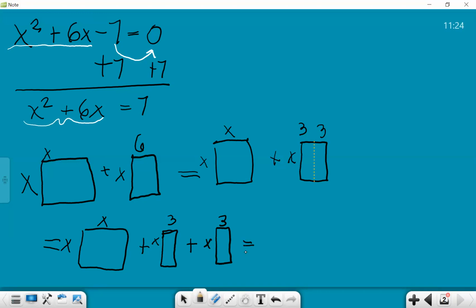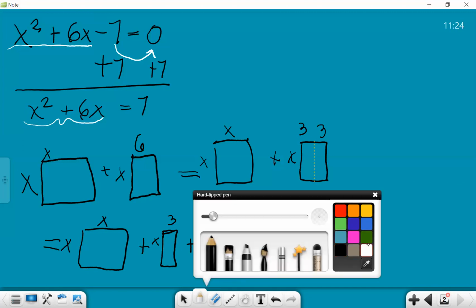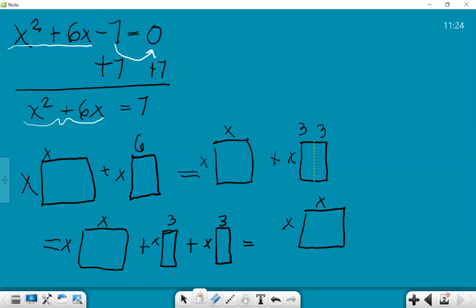Okay, so if you're okay with it, I'm going to take this square, I'm going to move it over here. So here's the square that's x by x. And I'm going to pick up this piece that was x by 3, this first rectangle, and I'm going to grab it and drag it over here.